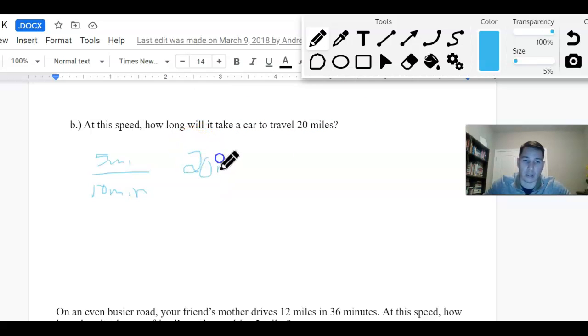Here it needs to be 20 miles. So how do I get from 5 to 20? You got it, times by 4. The same thing to the denominator, times by 4, that keeps it equivalent. 10 times 4 is 40 minutes. So again, if maybe the denominator is not given to us, we can look at the numerator instead.